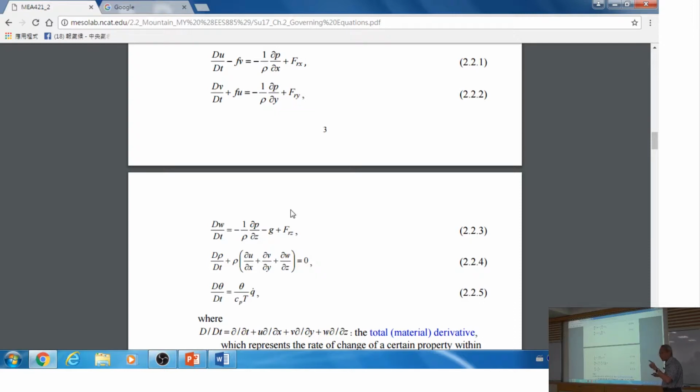You don't assume it is constant because it varies, and that can produce a buoyancy force, and that can produce gravity waves. So this one you don't treat as 0.